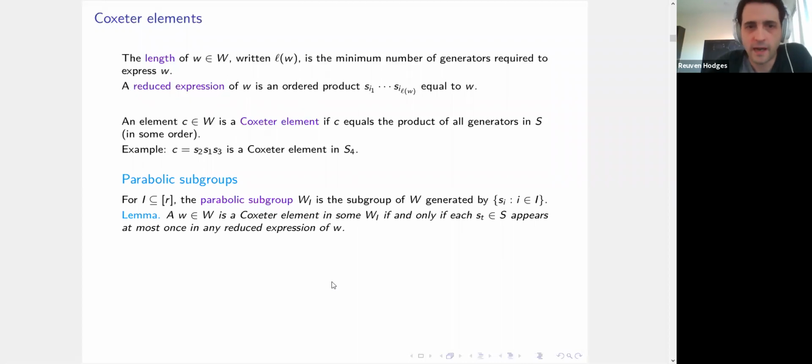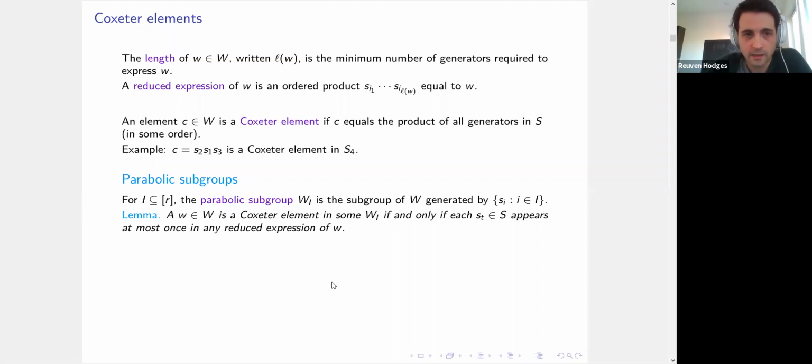All right, so now parabolic subgroups. So take some subset I in bracket r. We have an associated parabolic subgroup of W that we'll denote by W_I. And this is just the subgroup generated by the simple reflections s_i, i in I. Okay, so these are some distinguished subgroups of the larger Coxeter group.